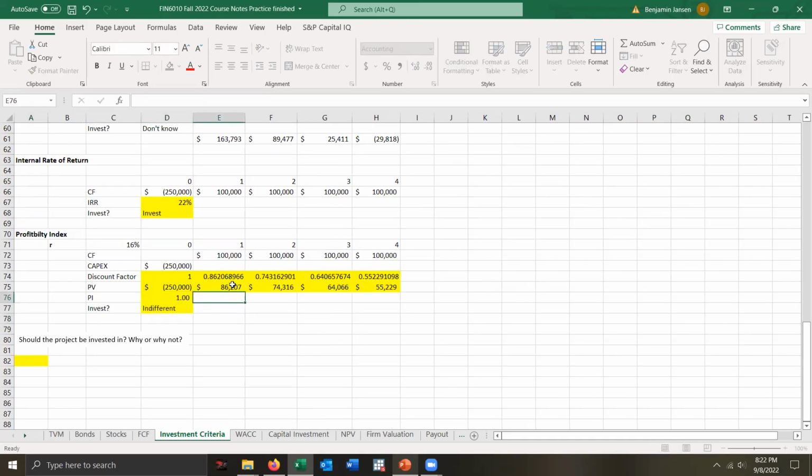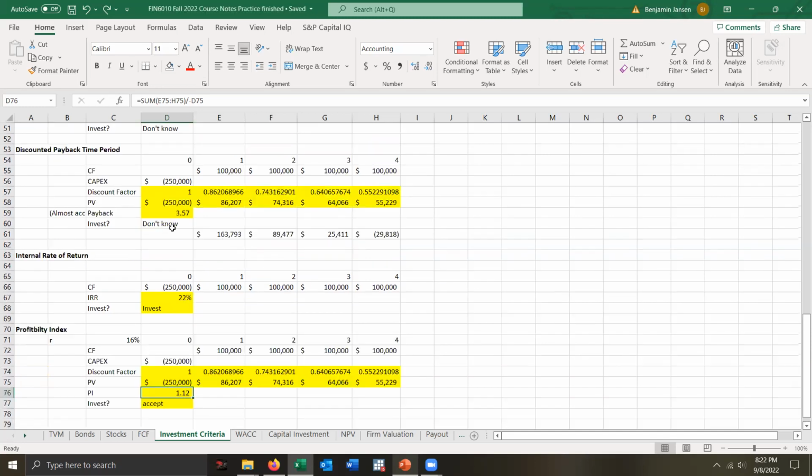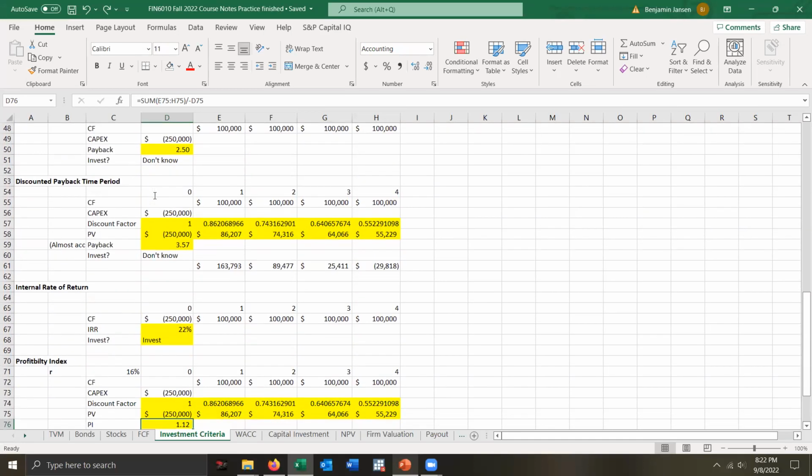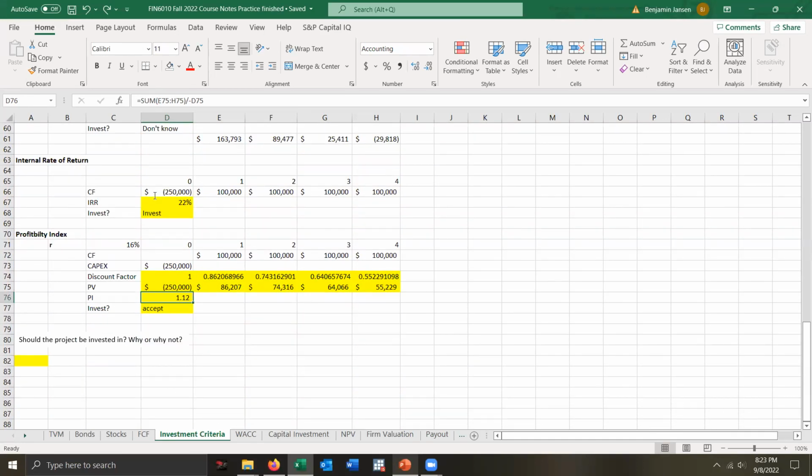So let's test out 1, 0, reject. All right, so it's working correctly. So based on these inputs, should we invest in the project or not? Based on these capital budgeting tools that we just went through. Yes. Yes.